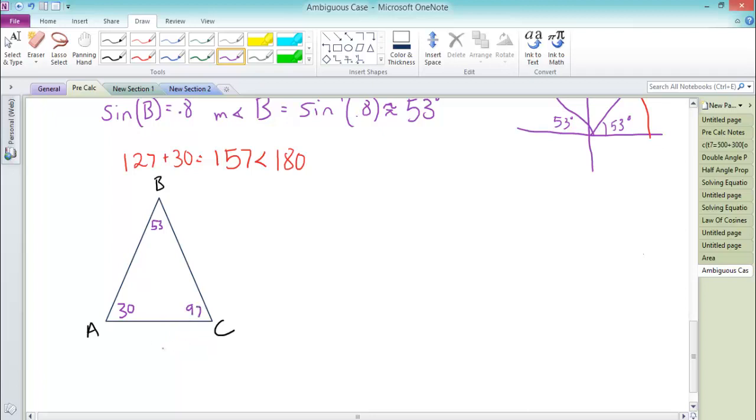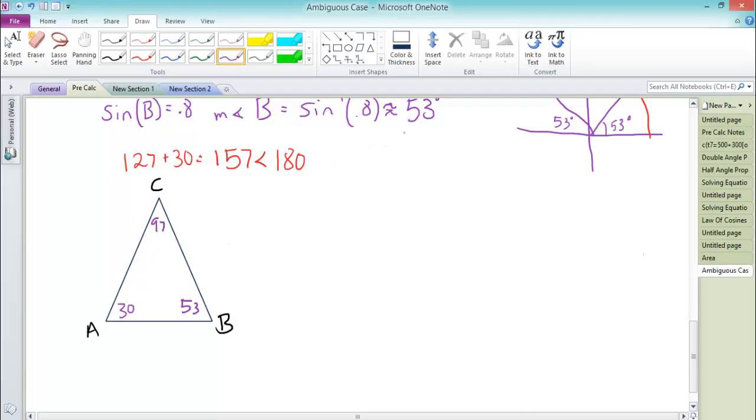Now, guys, I hope you realize that I had flip-flopped my B and C, so I'm going to go ahead and change that just to not confuse you. Pardon my mistake, this is angle B, and this is angle C. And when I solved B, I got 53, which would leave C to be 97.